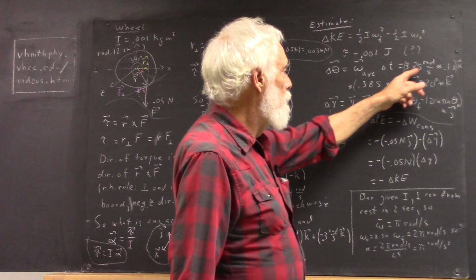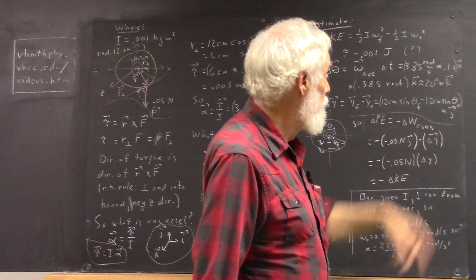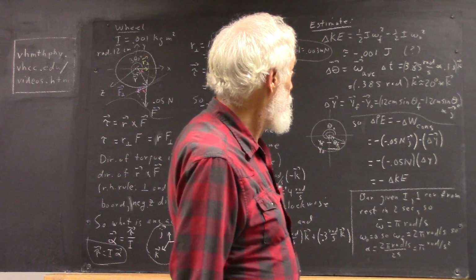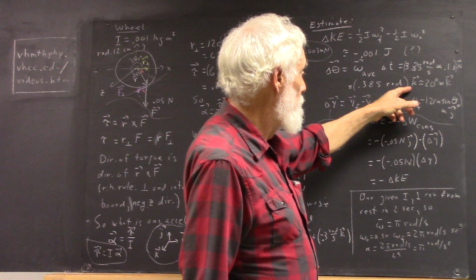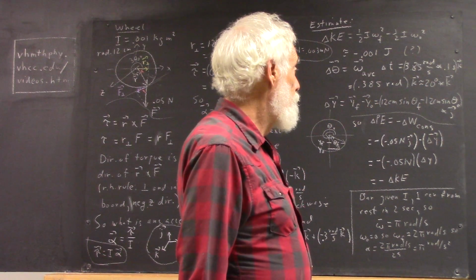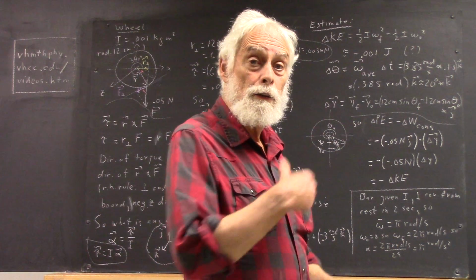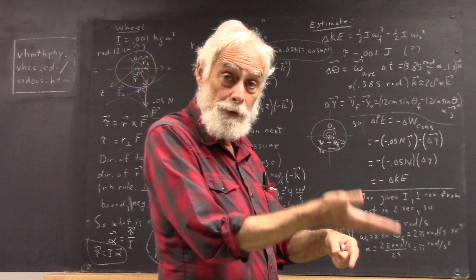We get 3.85 radians per second average velocity, multiply that by delta t, times k, because we're doing the vectors, right? And we get 0.385 radians times k, which is like 20 degrees times k. So our angular displacement, our angle changes by 20 degrees in this direction.